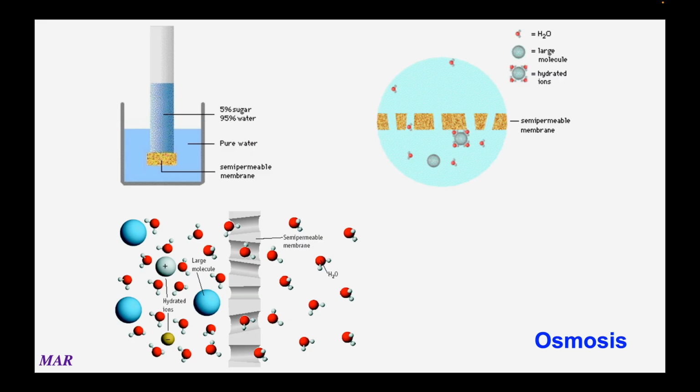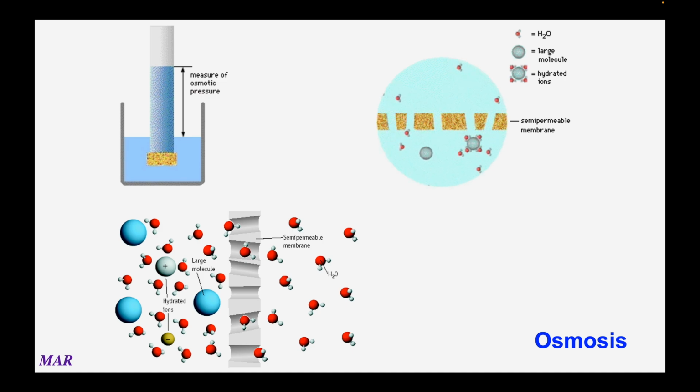Here, pure water moves into the solution, working to bring both the solution and pure water to the same concentration. This process, osmosis, continues until the flow of water across the membrane is balanced by the pressure exerted by the water column.